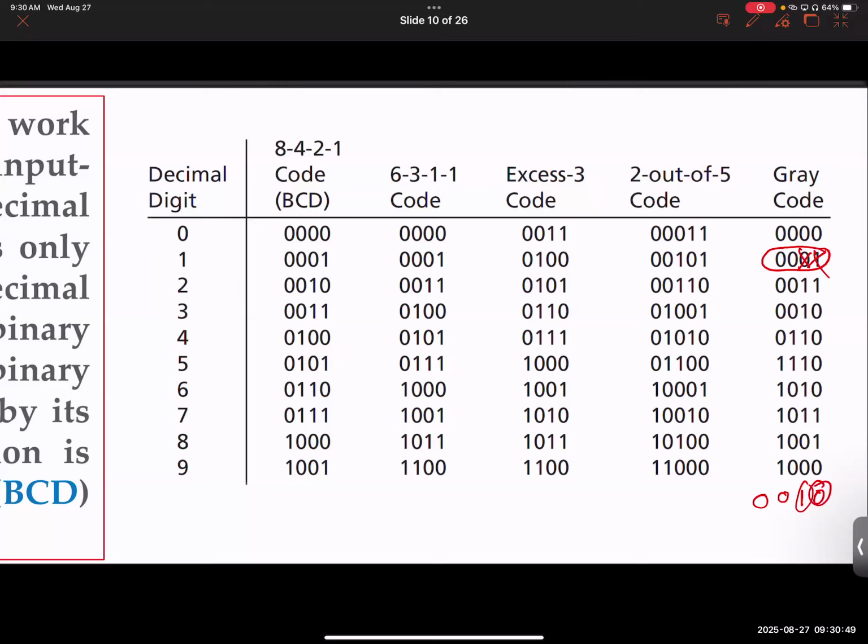So you change 2 bits at a time. If you go from 0001 to 0010, you have to change 2 bits at a time. Does that make sense, folks? But instead of doing that, if you go from here to there, you just change 1 bit. And if you compare between any 2 adjacent digits, you'll see just 1 bit change will occur at a time.